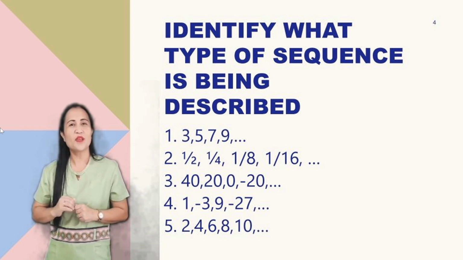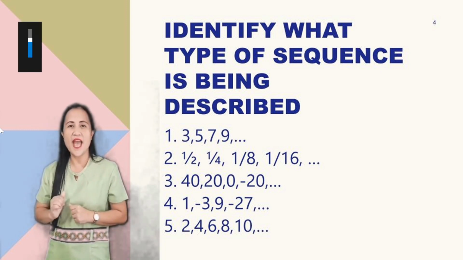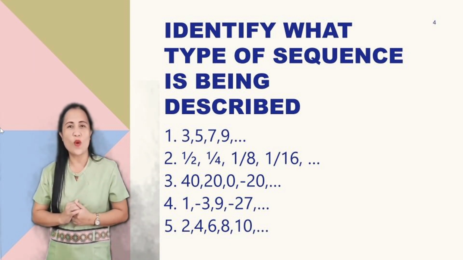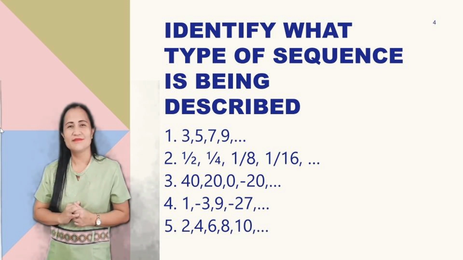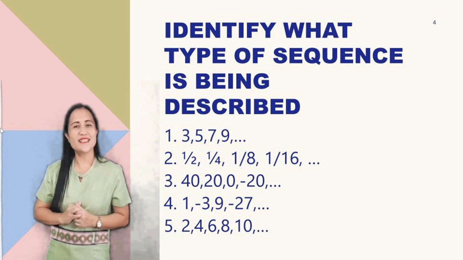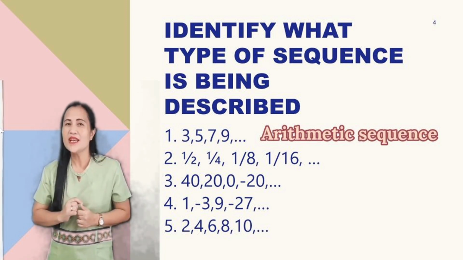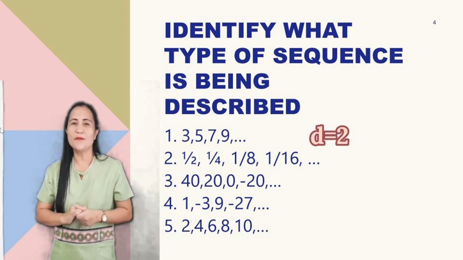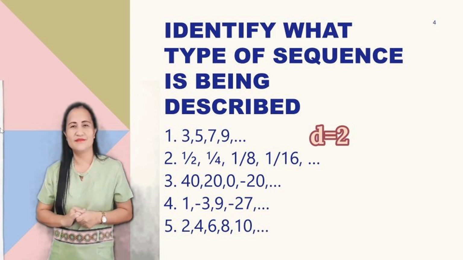Number 1, we have 3, 5, 7, 9. What type of sequence is described? You're correct. That is an arithmetic sequence. Why? We have a common difference, which is positive 2.